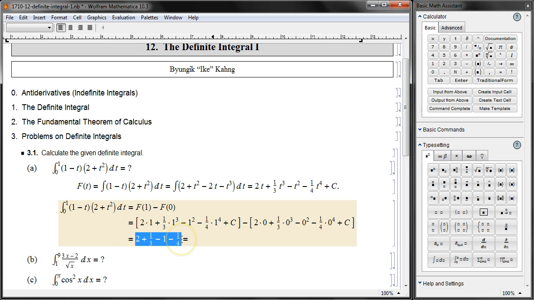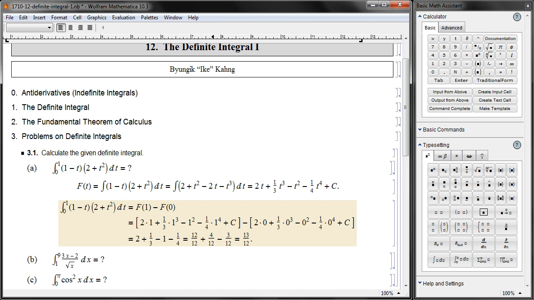And let's simplify all that. Let's see. 1 plus 4/12 minus 3/12. So this is 12 over 12. So everything is 13 over 12.